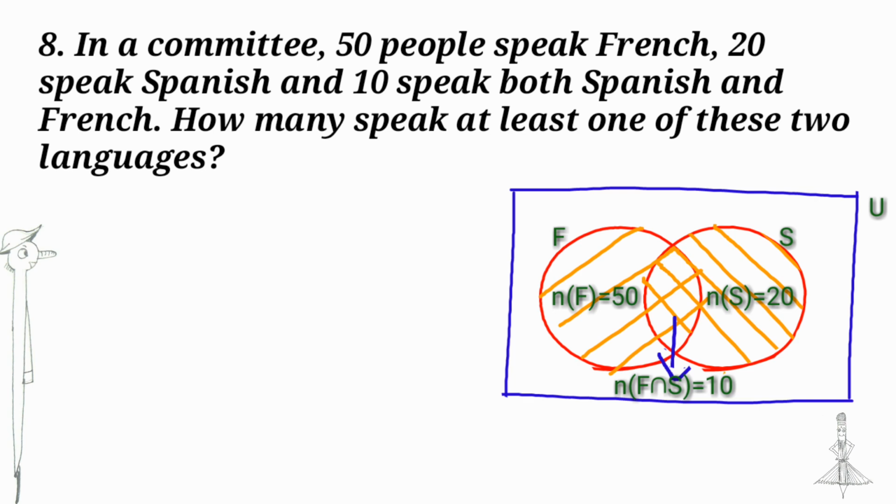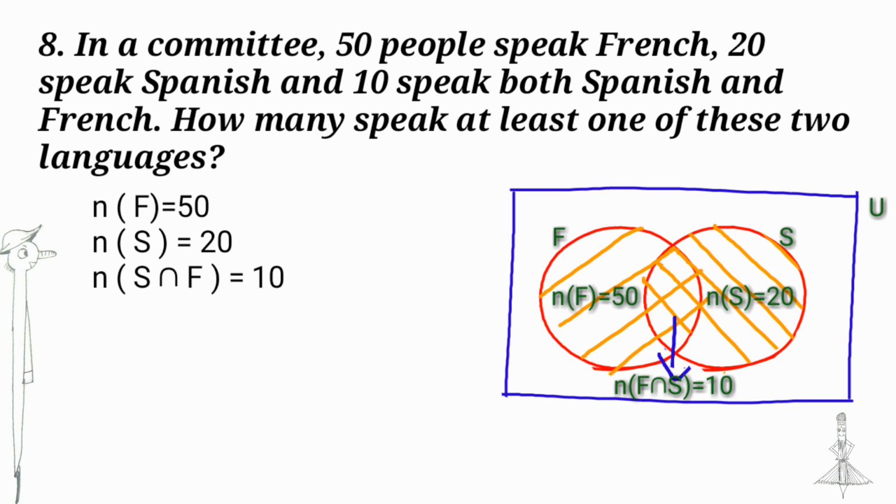Let F be the set of people in the committee who speak French and S be the set of people in the committee who speak Spanish. 50 people speak French, therefore the number of elements in F is equal to 50, the number of elements in S is equal to 20, and 10 speak both Spanish and French, therefore the number of elements in S intersection F is equal to 10. Our aim is to find the number of elements in F union S.